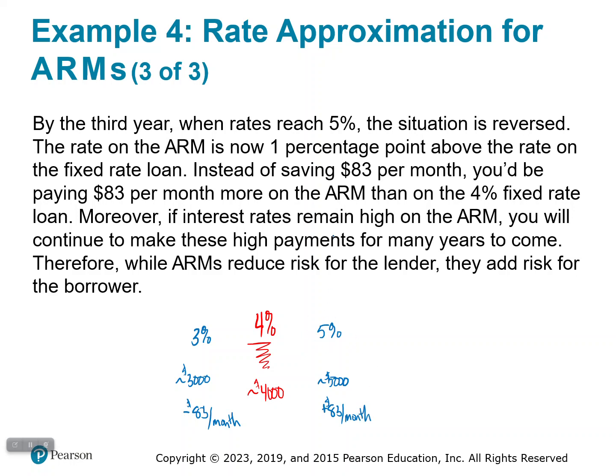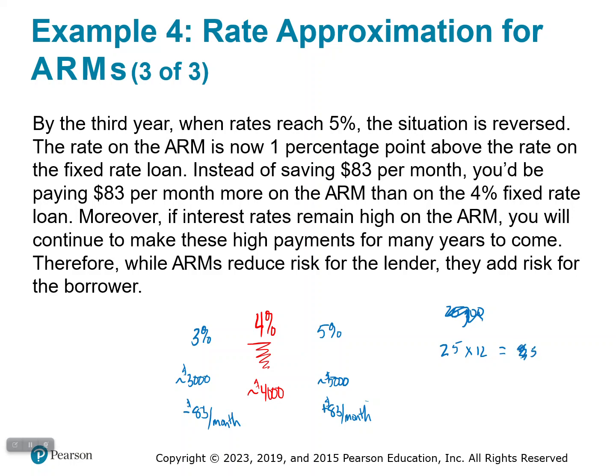Think about this. It's a 30-year loan. After 5 years, you're now paying $83 a month more. That's 25 years at $83. Call it $100. Whoops. 25 years, 12 months for each year. Oh my goodness, let me do this right.